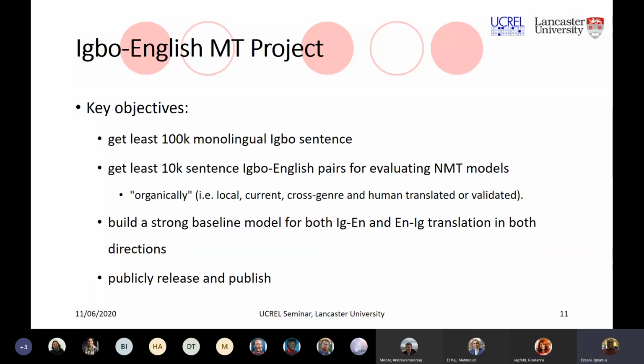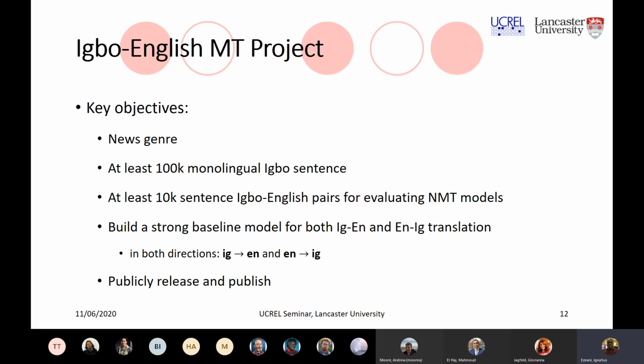Okay, and then building these strong baselines, what we are also looking at is that we don't just check how it performs from English to Igbo, but also from Igbo to English, to be sure that it's doing what is expected to do. Most of the things we are going to build will come from the news genre.